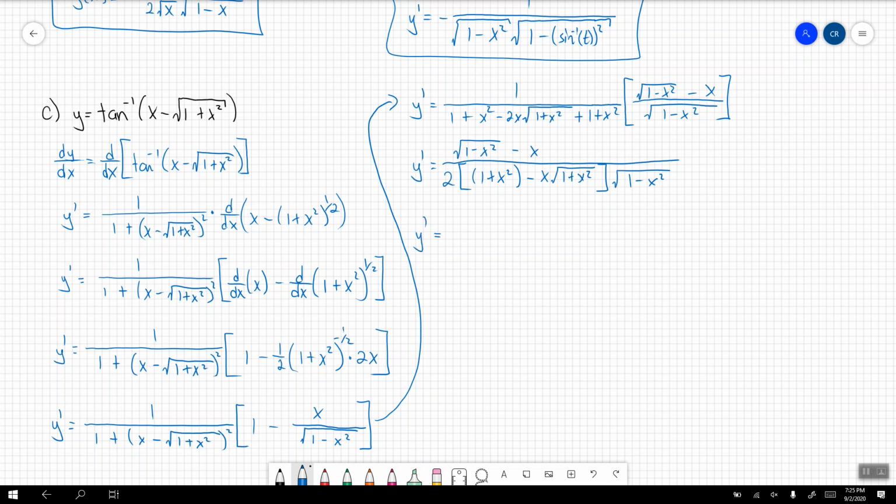y prime. Numerator stays as is. Square root of 1 minus x squared minus x. Denominator, however, I have a 2, and now this square root is going to multiply. So let's go ahead and multiply this square root into these specific terms. All right, and as I'm looking at this, I realize I made a mistake. If you look on the left side of your screen, all the way at the very last line, in the big brackets on that denominator, it's the square root of 1 minus x squared.